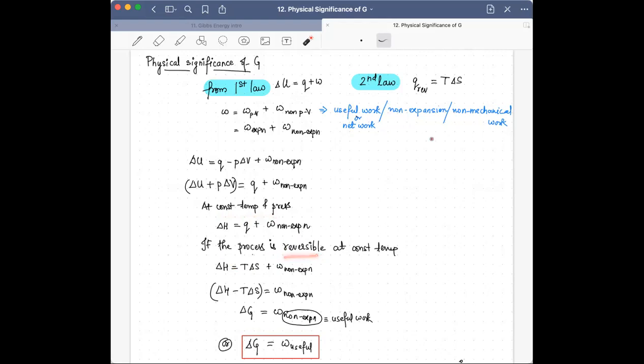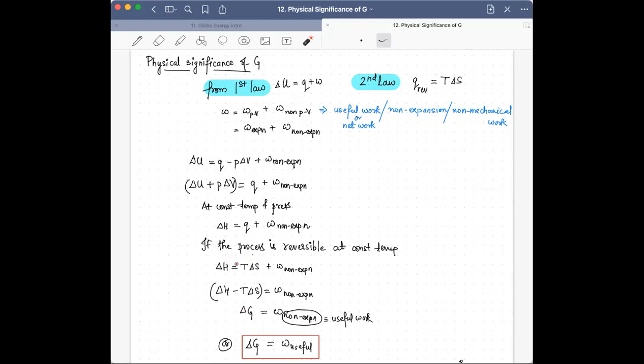In that case, you can use the second law of thermodynamics, where heat is related to the entropy as T into delta S. So it becomes delta H equals T delta S plus work of non-expansion. Now bringing this term here, it becomes delta H minus T delta S, which is equal to work of non-expansion.